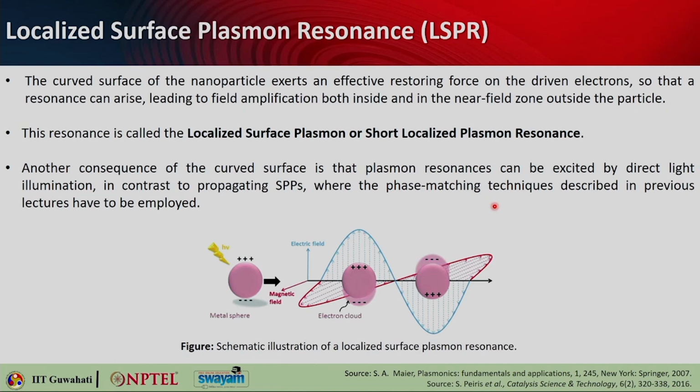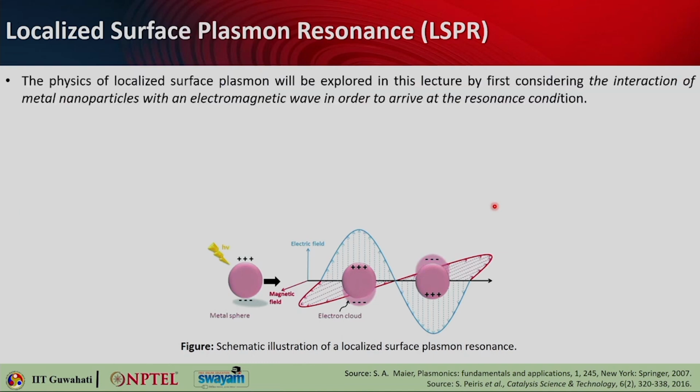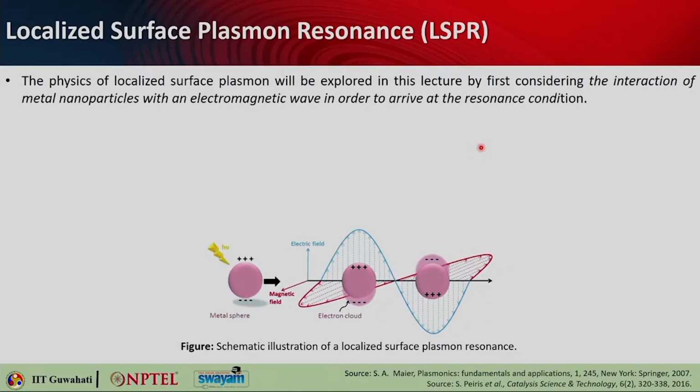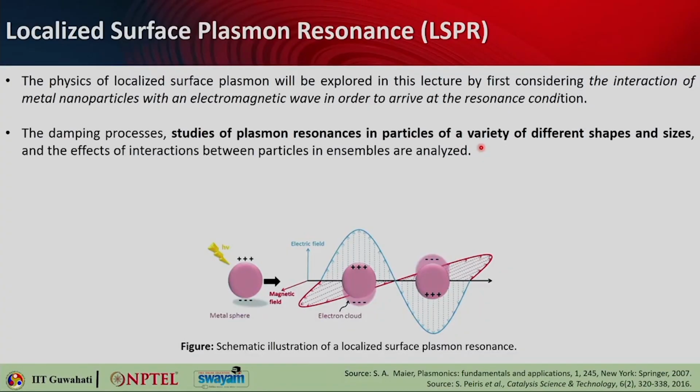So you can simply shine light and excite the plasmons. So localized surface plasmons can be excited by direct illumination. The physics of localized surface plasmon will be explored in this lecture by considering the interaction of metallic nanoparticles with electromagnetic waves, and we will see how we get to the resonance condition.